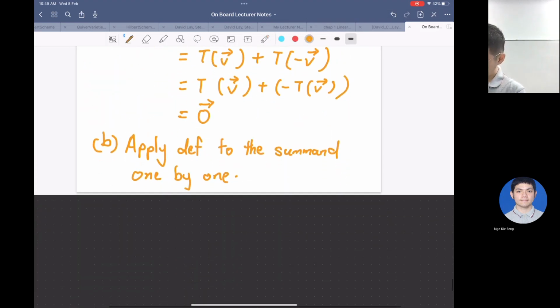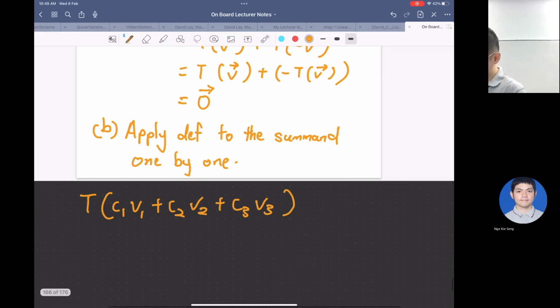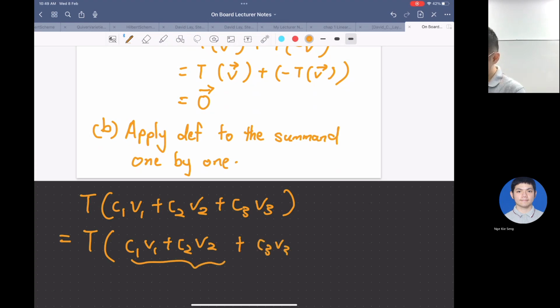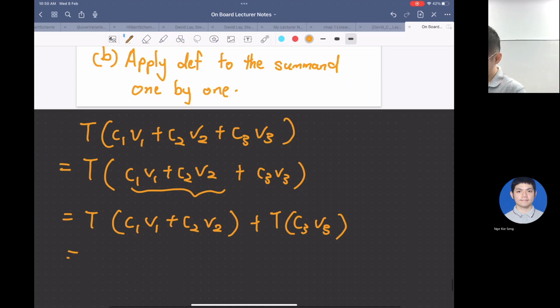So for example, let's see c1 v1 plus c2 v2 plus c3 v3. What you can do is regard c1 v1 plus c2 v2 as a vector, and then you can split the two by the definition. And you can pull out the scalar c3.